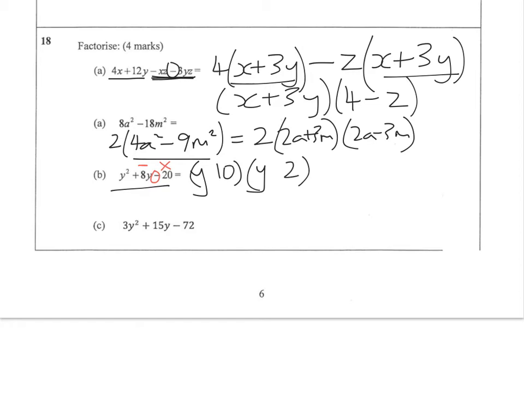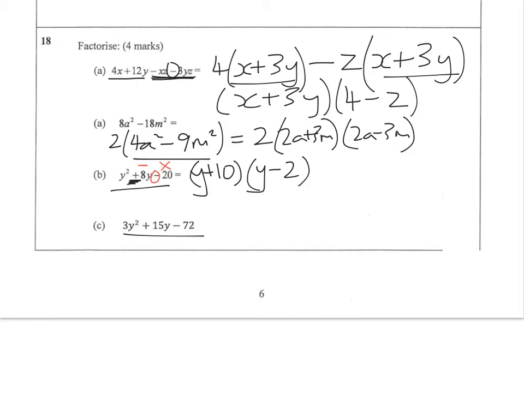Then you've got to decide, because it's a negative 20, these two, 10 and 2, have to be different signs. We look at this here, it's a positive, so the bigger number has to be positive, and the smaller number has to be negative, because 10 minus 2 gives you positive 8.